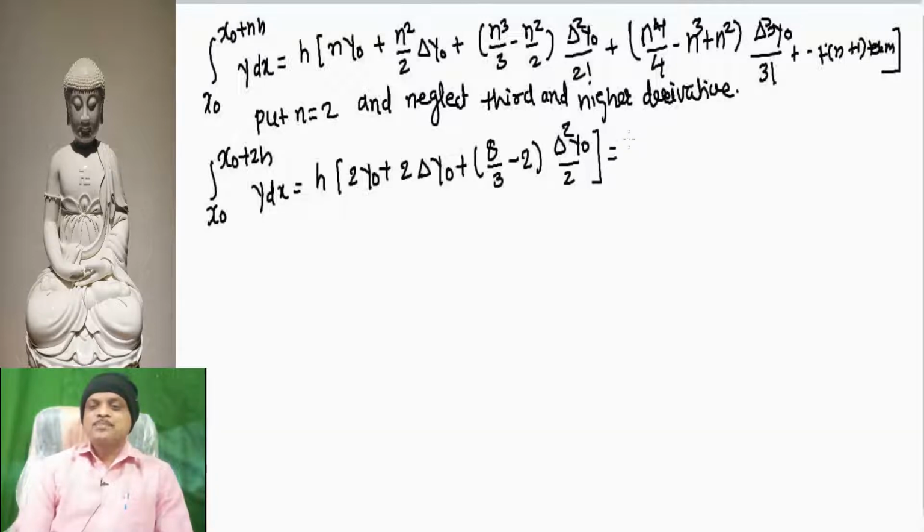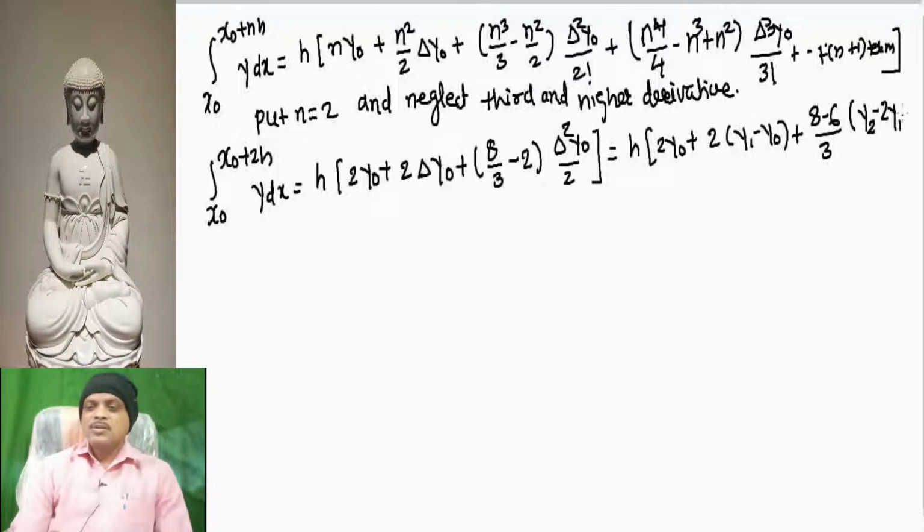which is again 2]. This equals h into 2 y0 plus 2 into delta y0, meaning y1 minus y0, plus, taking the LCM, (8 minus 6) divided by 3 into delta squared y0, meaning (y2 minus 2y1 plus y0) divided by 2.